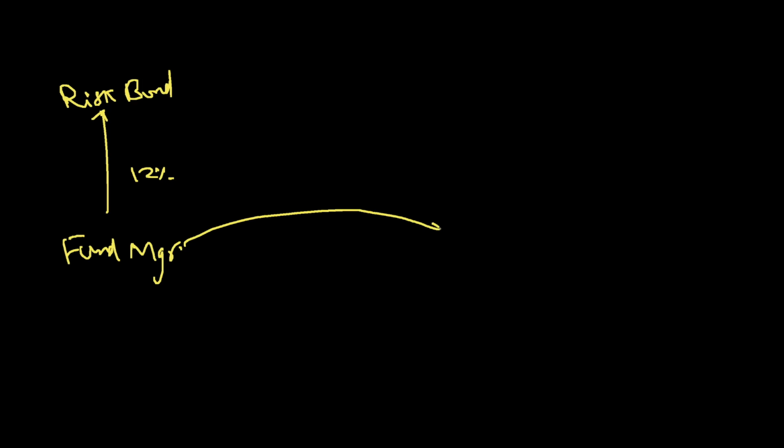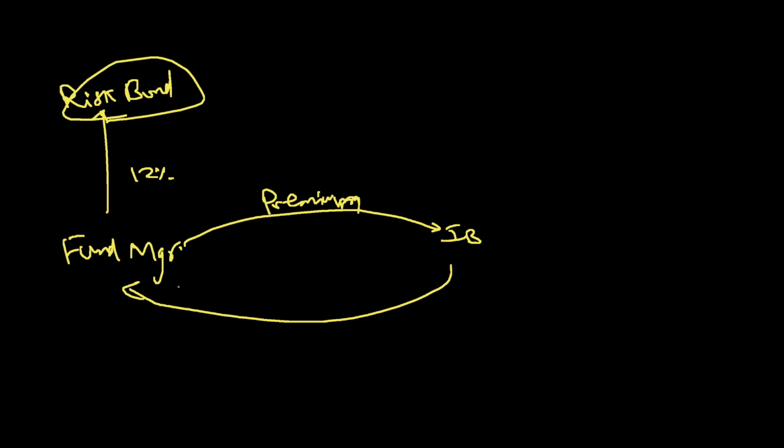So he approaches an investment bank and says, I will pay you premium, but in case something happens to this bond, you are supposed to compensate. The investment bank agrees. So the fund manager is swapping the credit risk involved in the underlying asset with the investment bank.